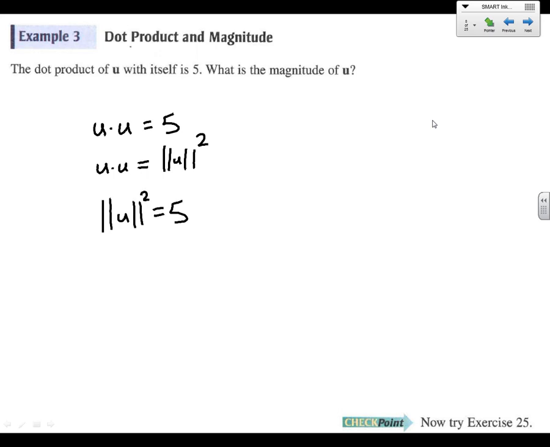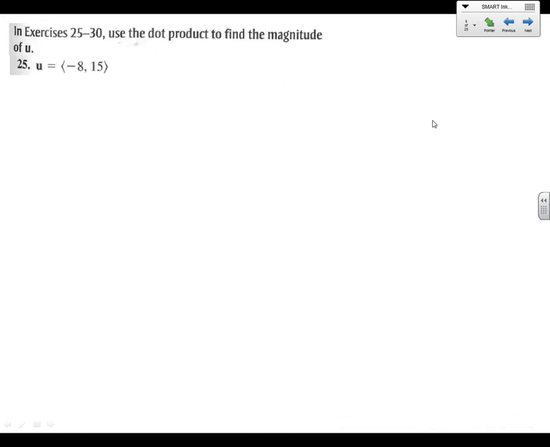Through substitution, we'll square root both sides, and we know the magnitude of u must be the square root of 5. So remember, the dot product of a vector with itself is the magnitude squared. All right, so do that with 25.